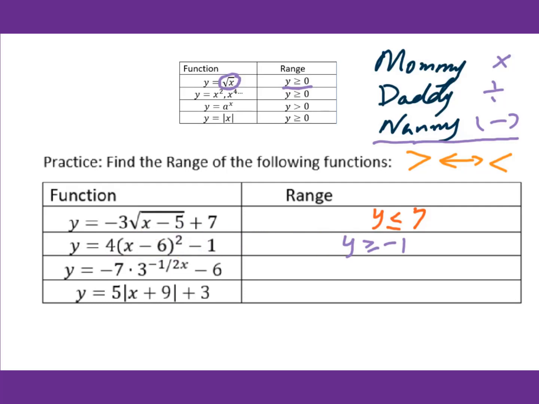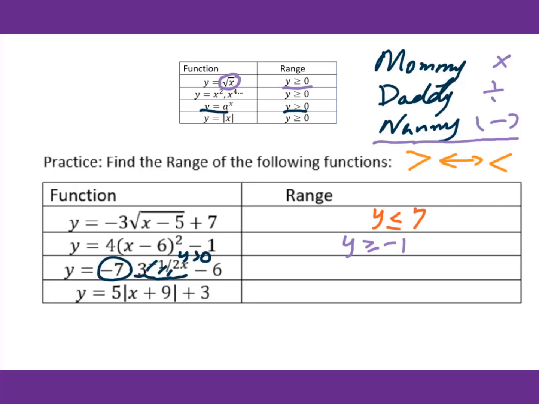Now go to number 3. This is an exponential function. For the exponential function, you will change it into y greater than 0. So this part is y greater than 0. Then you multiply by this negative 7.